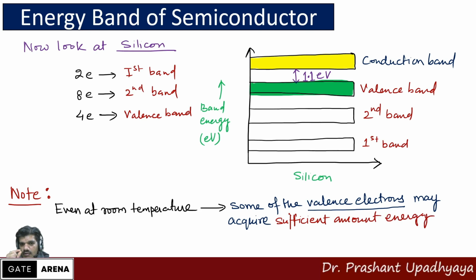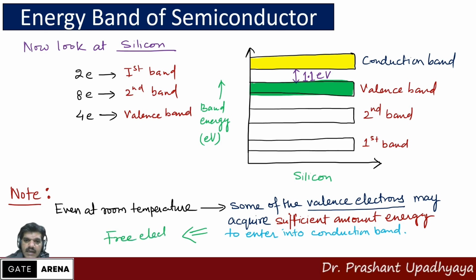Even a small amount of energy can help valence electrons jump from the valence band to the conduction band, and these electrons become free electrons. That is important: the electrons that have entered the conduction band are free electrons.